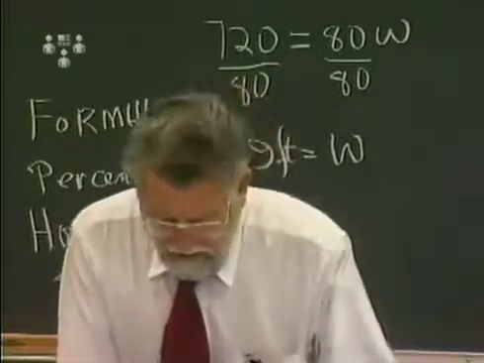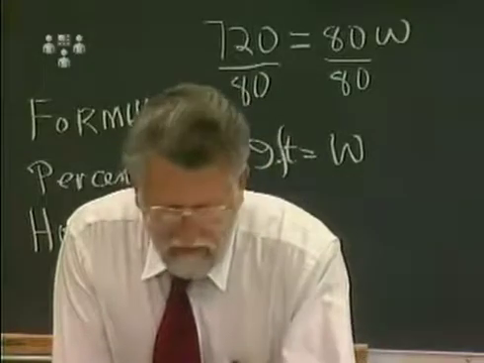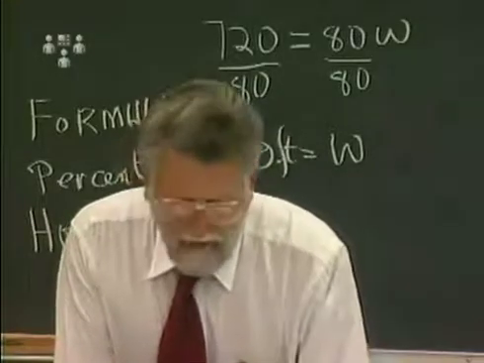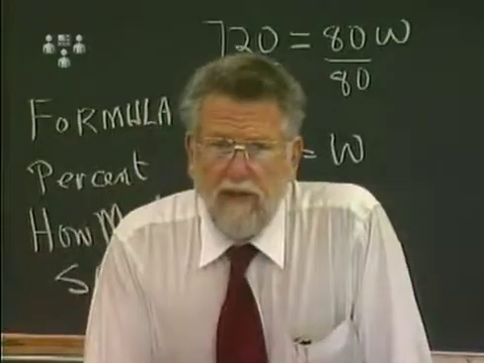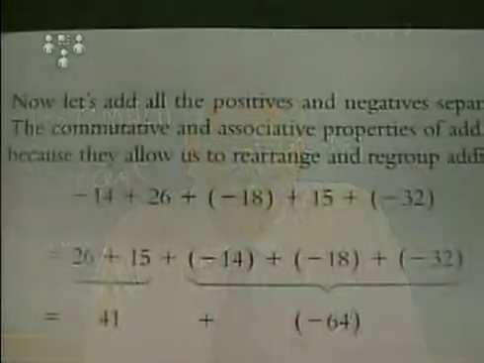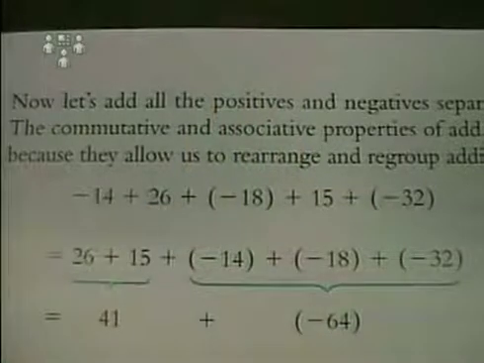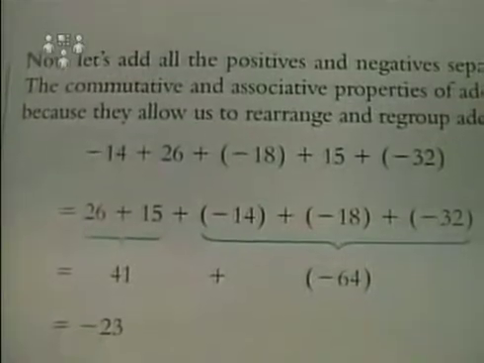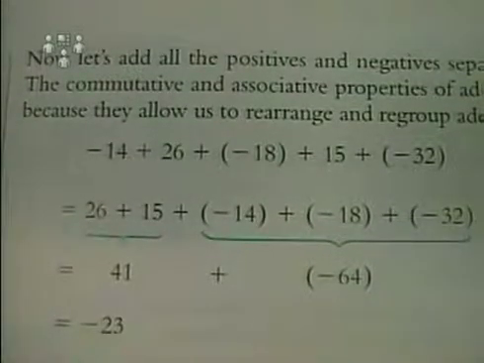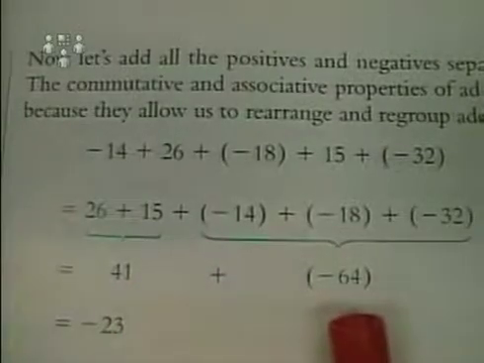The illustration I just gave deals with this problem on page 187, where you combine the positives and the negatives as we go to the document cam. And what, of course, is not done here is explain how you get the negative 23. And if you want the usual, well, what's the difference of 41 and 64?